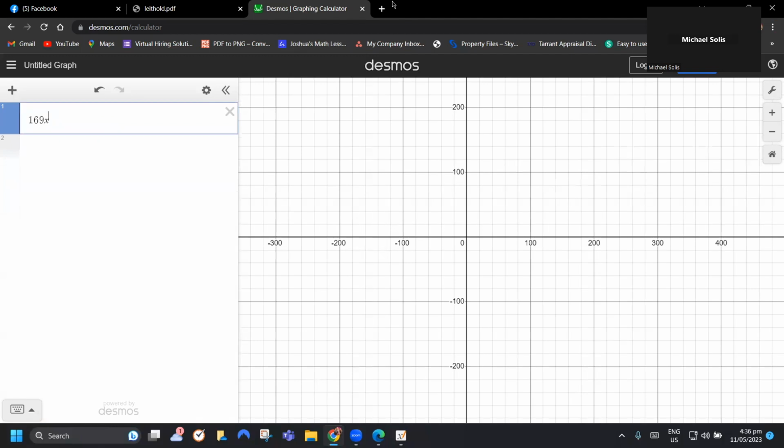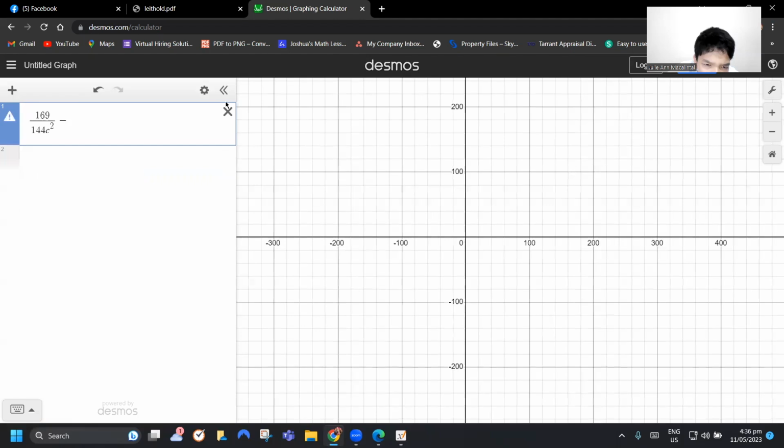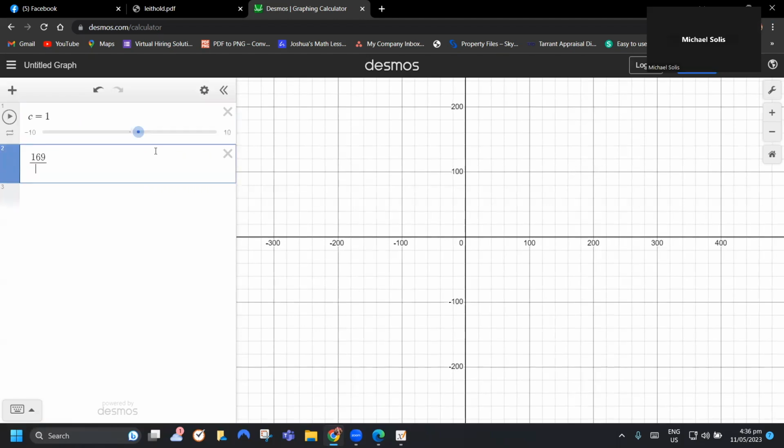Hindi, unahin mo kaya muna yung C equals, unahin mo yung slider for C. Baka may sequential siya eh. So, type C equals 1 first. Baka may ganun siyang ano. Try natin. C equals 1. May slider.